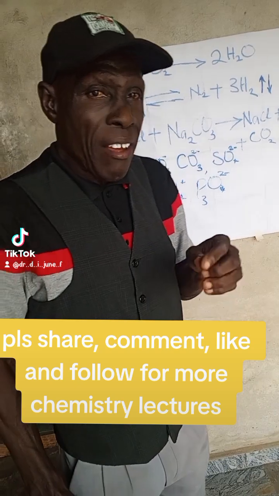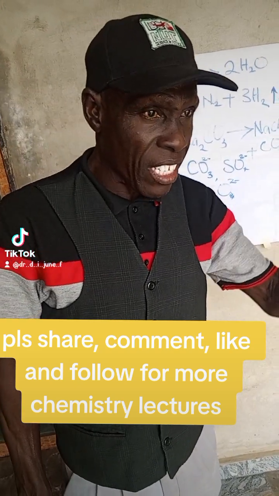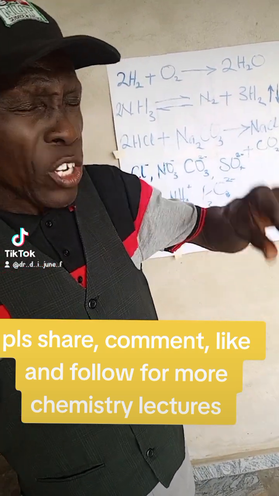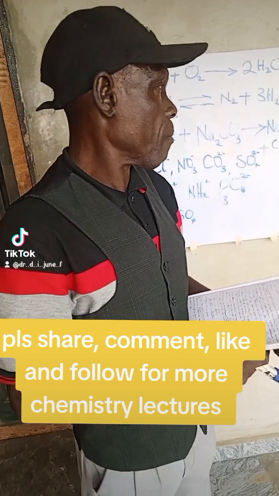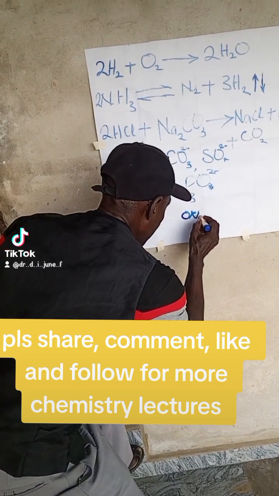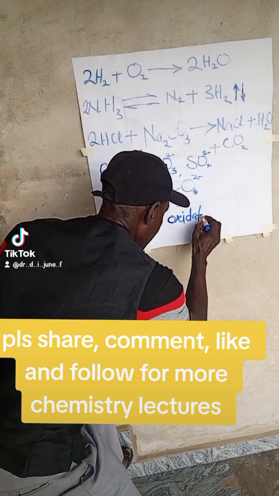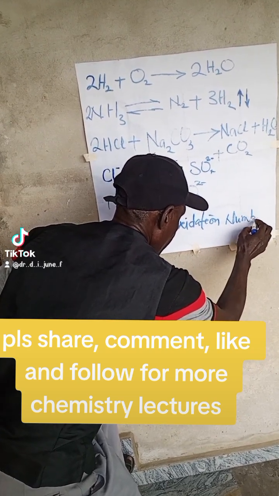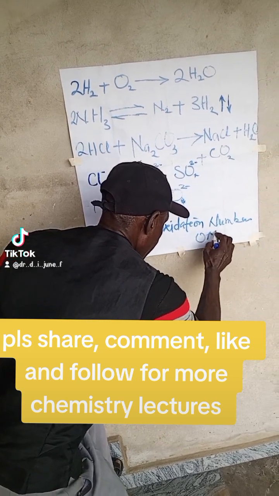And after knowing these symbols of radicals, you must be able to know the oxidation number of the element. Now, what is oxidation number? This word, oxidation number, we call it ON.